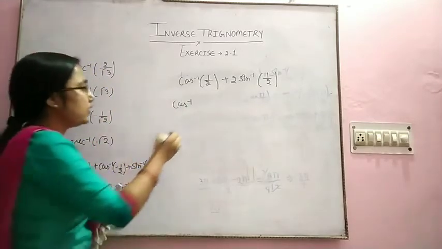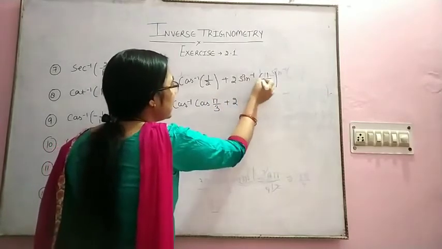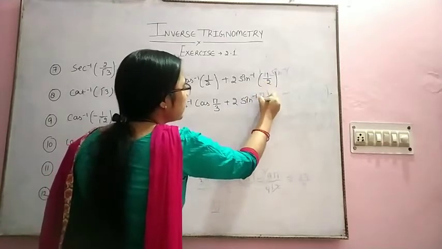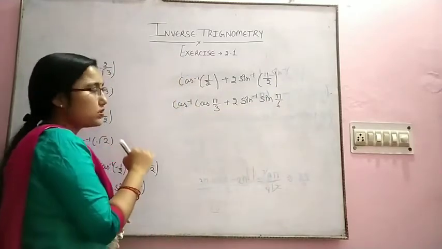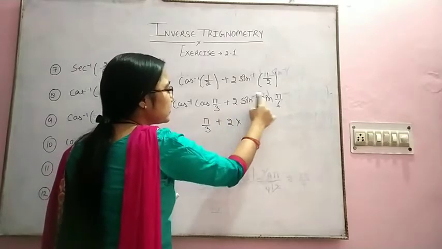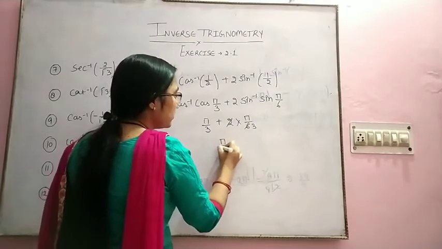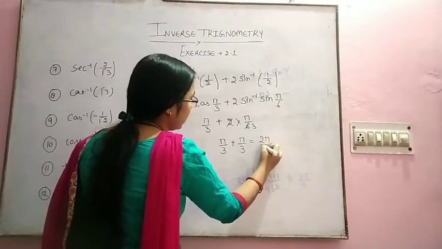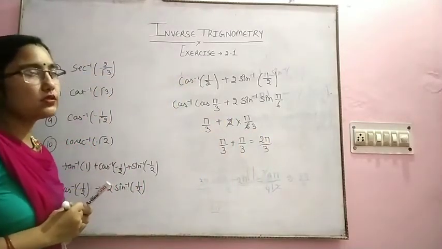This is cos pi by 3, plus 2 and sin inverse half is sin pi by 6. Cos inverse and cos will be cancelled out. We get pi by 3 plus 2. Sin inverse and sin will be cancelled out. We get pi by 6. This will be cancelled out, pi by 3. So if we add pi by 3 and pi by 3, we get 2 pi by 3. This is the solution for cos inverse half plus 2 sin inverse half.